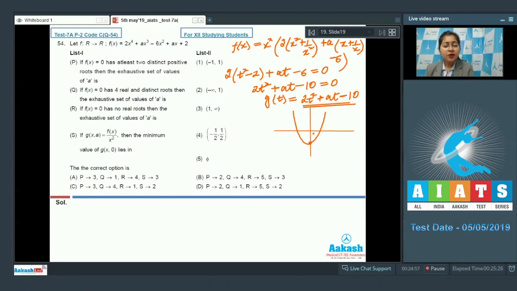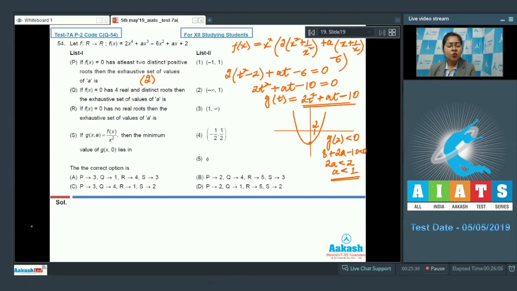Now we want a root greater than 2, which means that g(2) should be less than 0, right? So putting it here, we will get 8 + 2a - 10 < 0. That is 2a < 2, that is a < 1. So from the given options we can see that minus infinity to 1 is given in option number 2.